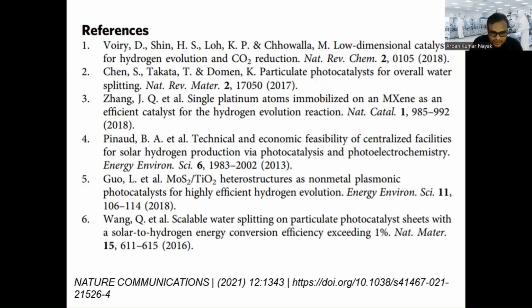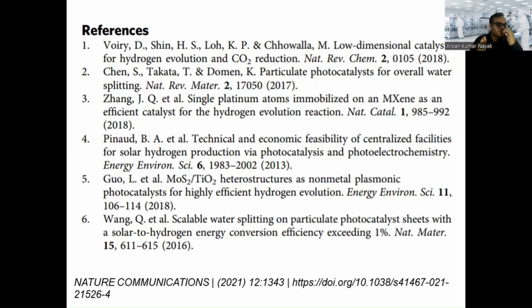Then the sixth one, Energy and Environmental Science. Seventh one, Nature Materials. So now you can understand how important a role it plays. Whenever you put the references, you should take some reputed sources. So whenever you start writing the introduction part, don't forget to write in simple present tense.